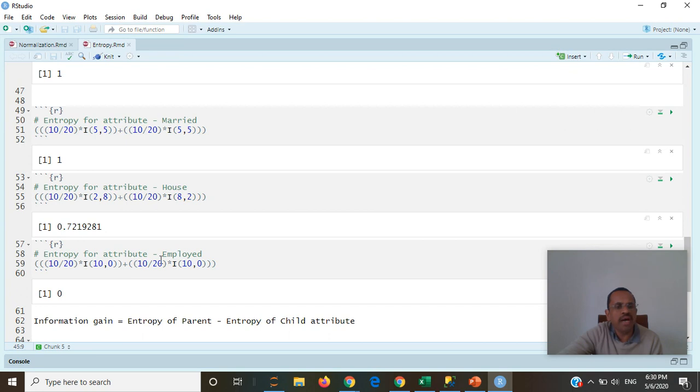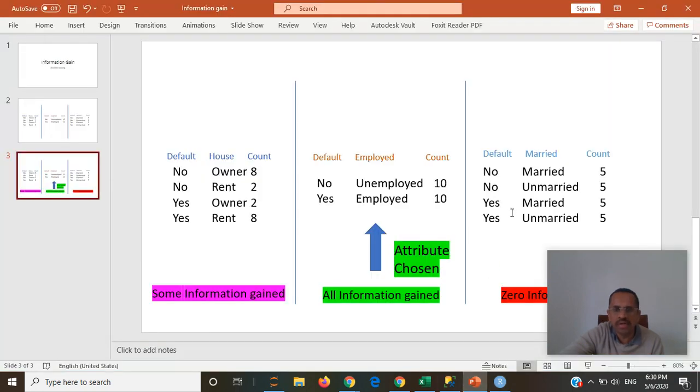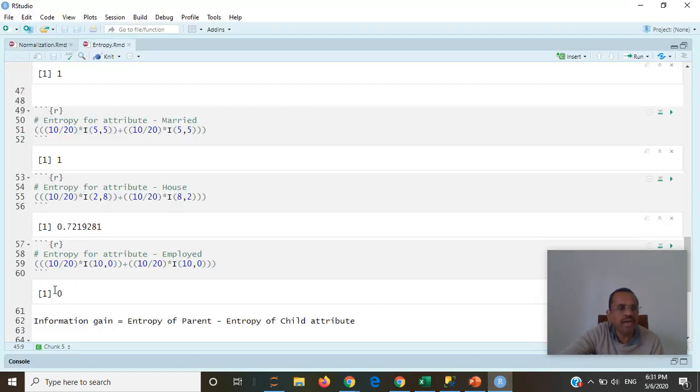And the entropy of the attribute employed, that is the third column, employed: so we get maximum information. The groups are homogeneous, there is no admixture. Means for this, it is totally on one side. That is, if the person is employed, we can say that the person will not default. So we get entropy 0 from this formula. So we can correlate how mixture and entropy go together.